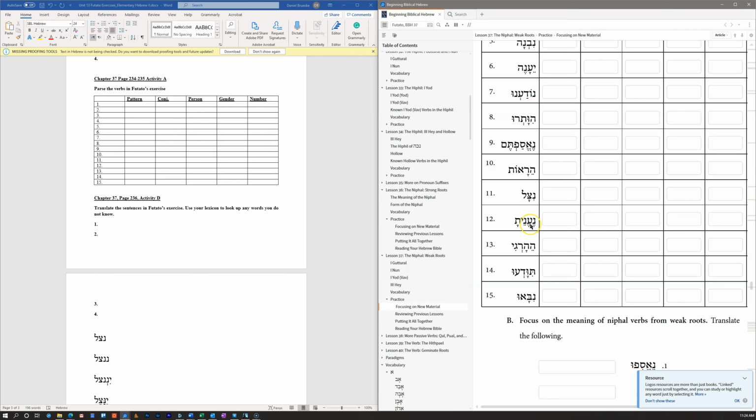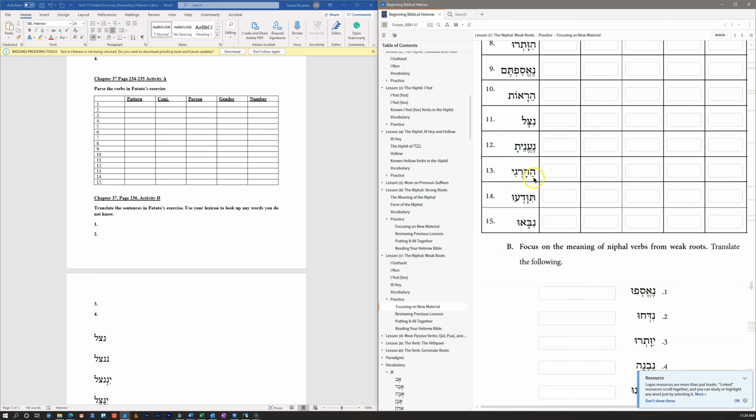All right, so if this is a Niphal perfect 2ms of anah, this would be something like 'you were humbled' or 'you were afflicted.' Number 13, we have harag. I want to say harag is like to, it feels aggressive.